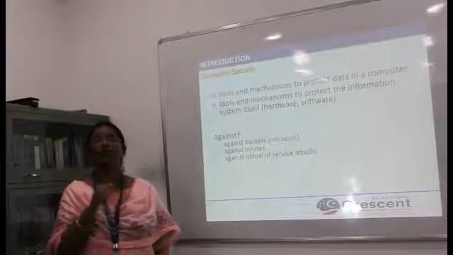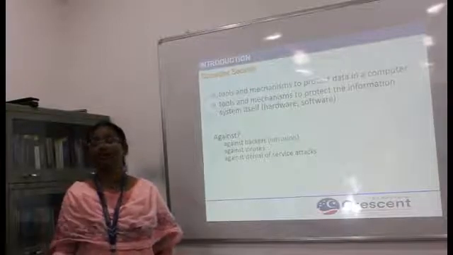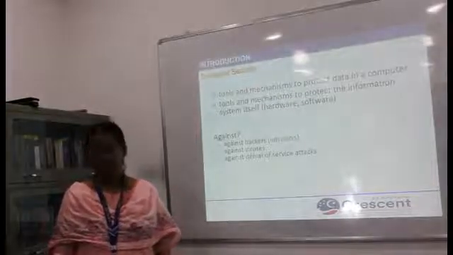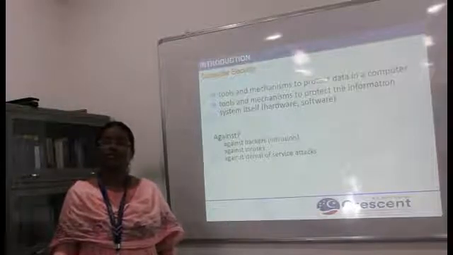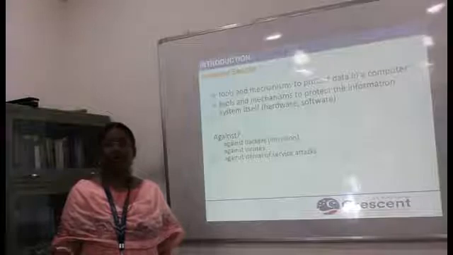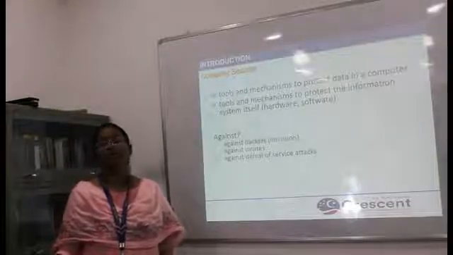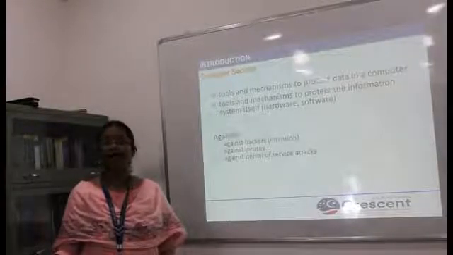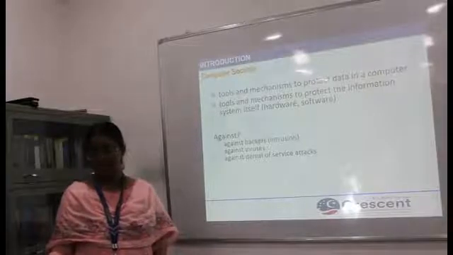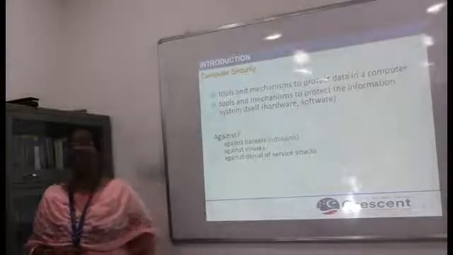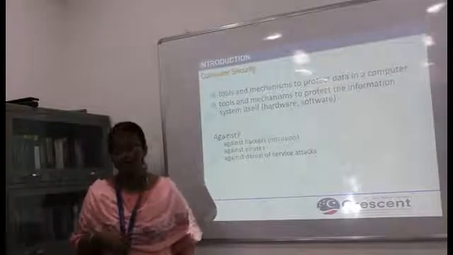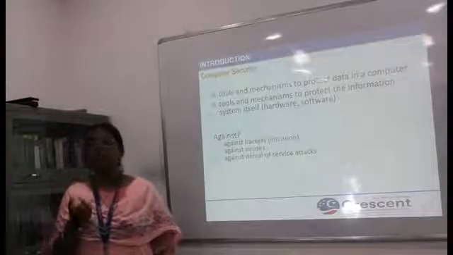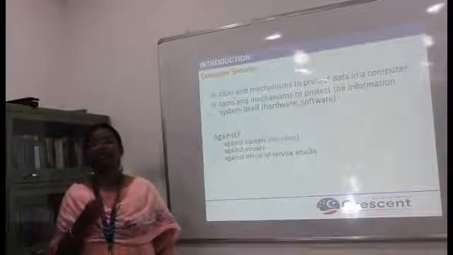From whom are we supposed to protect this data? We are supposed to protect it from hackers and viruses. Viruses and worms are programs installed in the operating system which will hack the data in the system. Mechanisms protect the data in the computer, and even the hardware and software, from intruders. Intruders are the unauthorized users. Against whom are we supposed to protect this data?